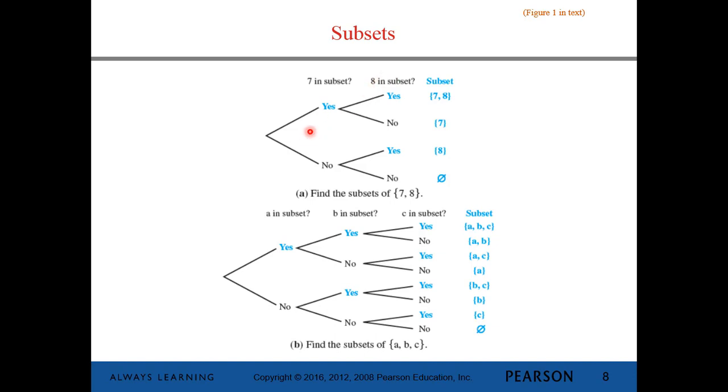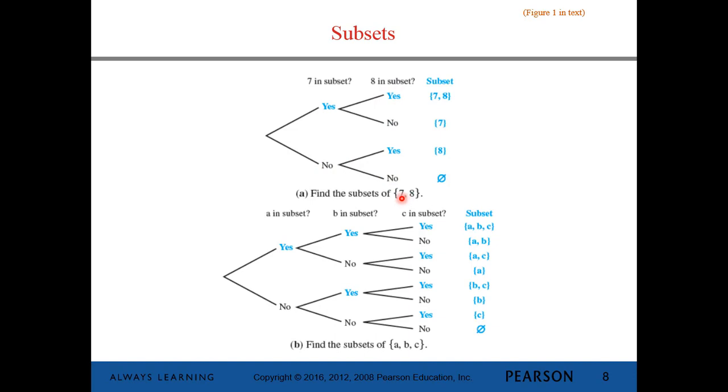So in the first case, 7 is either yes or no. Is it in or is it out? And then, for both of these, we decide whether 8 is in or out. So these are all cases. It looks like 4 cases.